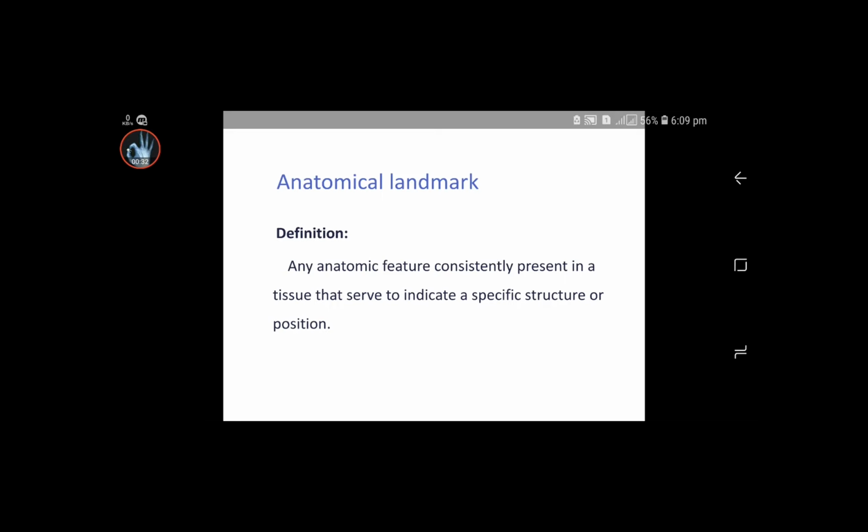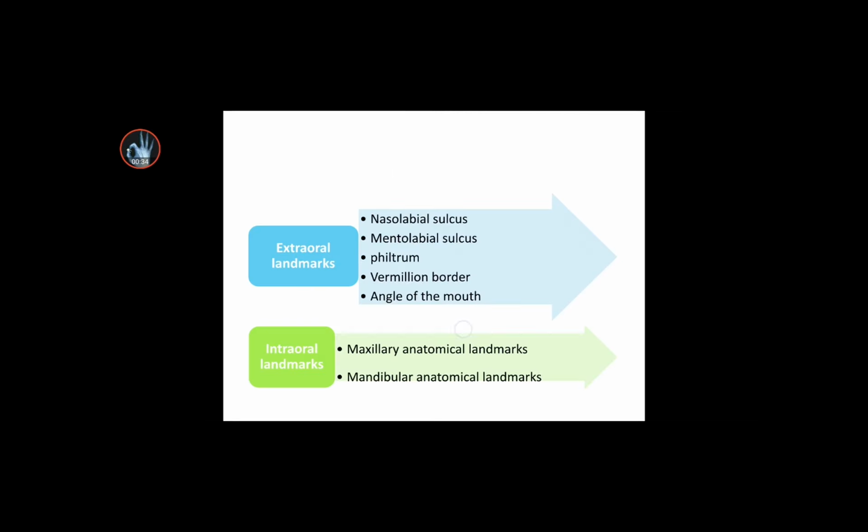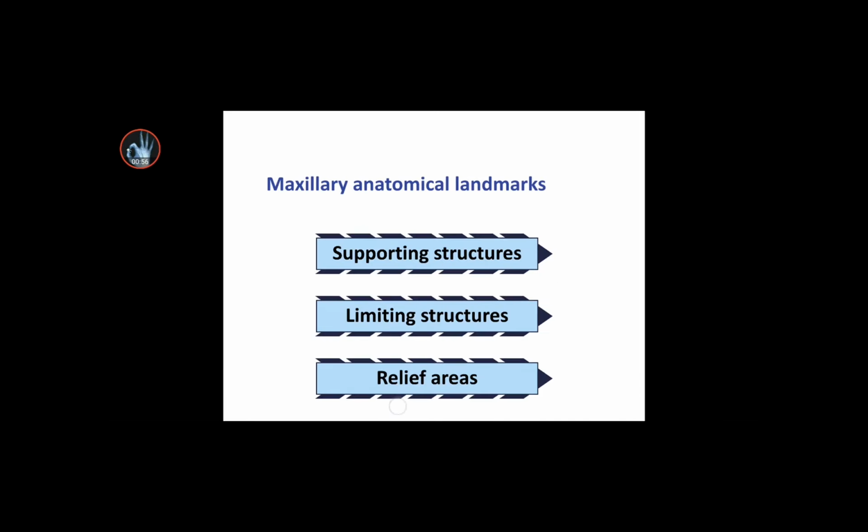We described the anatomical landmark and its definition, and we said that there are two types of anatomical landmark, extraoral and intraoral. The first structure we talked about was the extraoral anatomical landmark, and in the previous lectures we also covered the maxillary anatomical landmark. Today we will talk about the mandibular anatomical landmark.